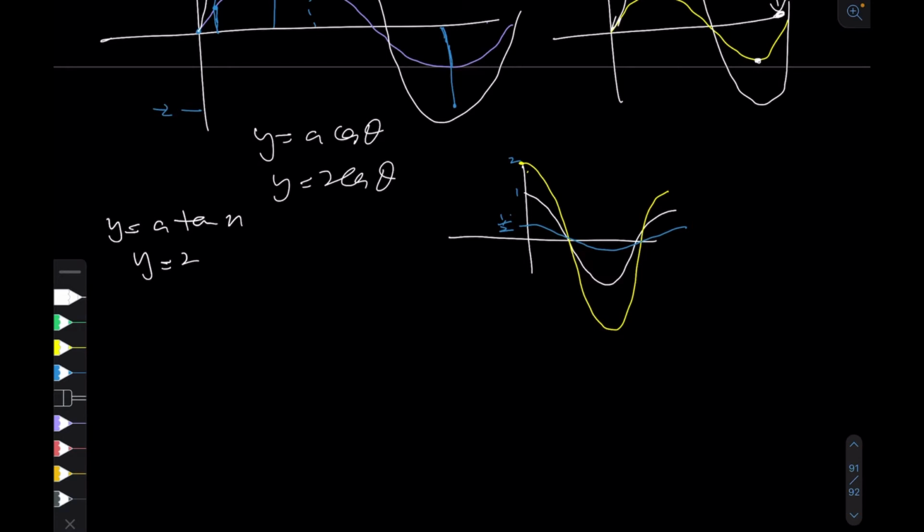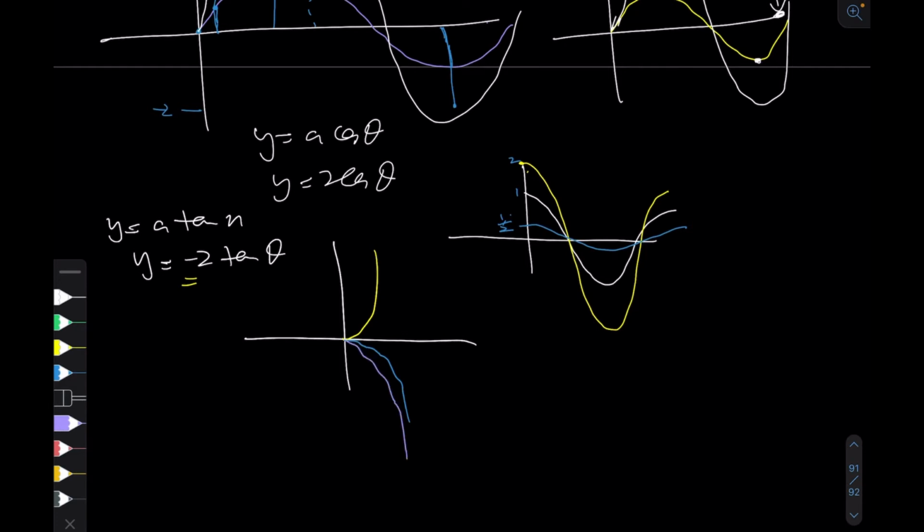So if I ask you what is -2 tan x, well, the significance of the negative is just reflecting it in the line that is parallel to the x-axis. So previously, tan theta looked like this for 0 to 90. Now it will look like this. It will just be a reflection, and you multiply it by 2, so it will look even steeper, right?